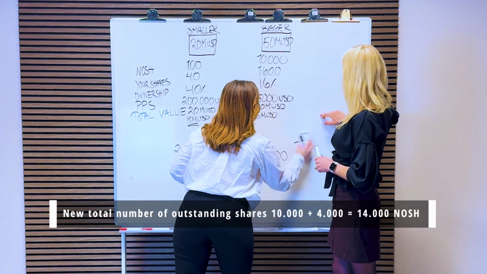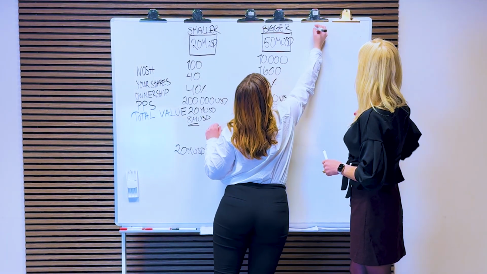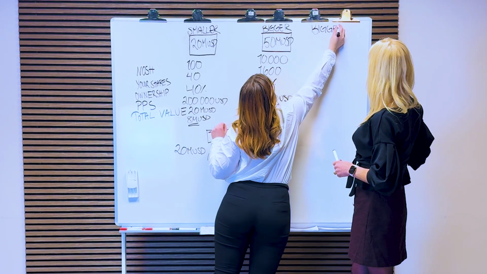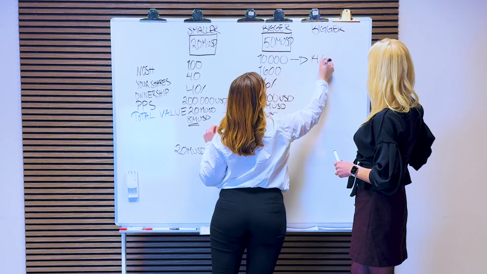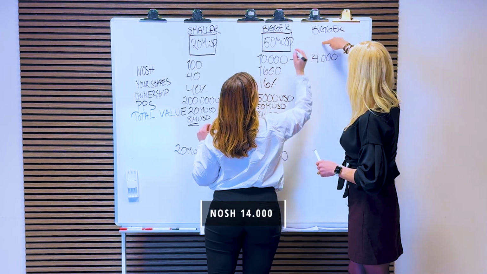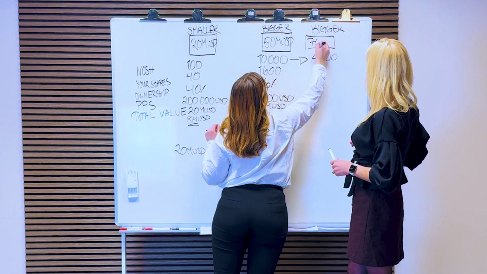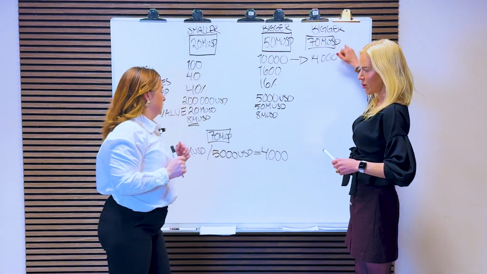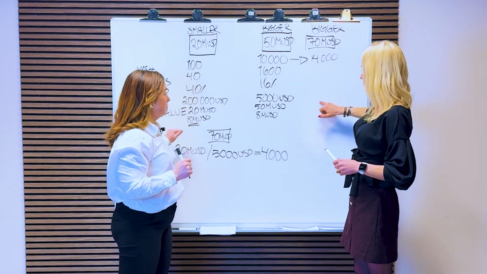We can have bigger post-merger here. So the new outstanding shares here is 14,000. And you can write an arrow here and 70 million. Perfect. And the price per share, that's the same. So you can write 5,000 here.